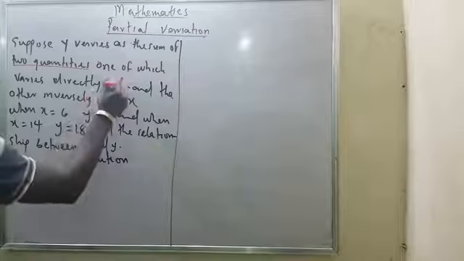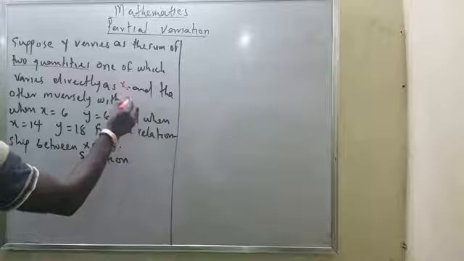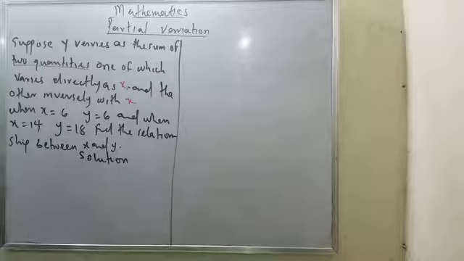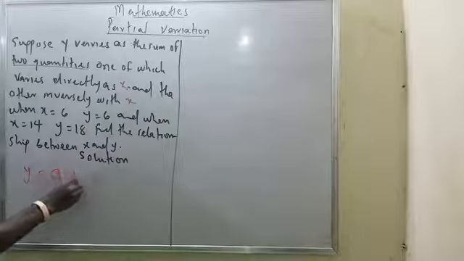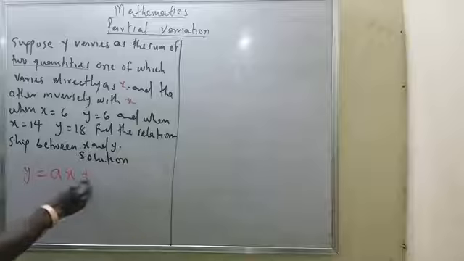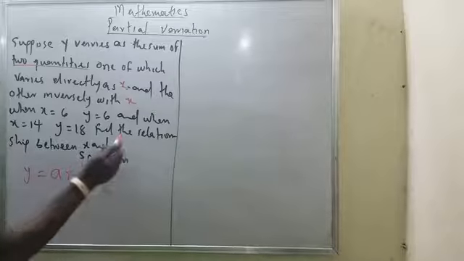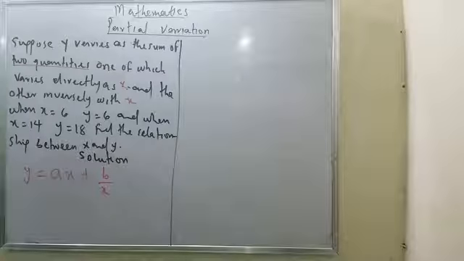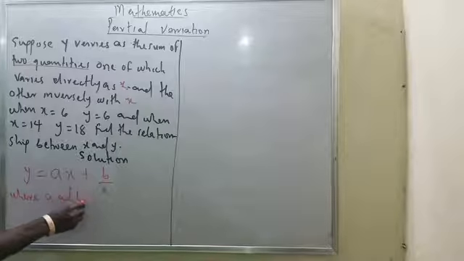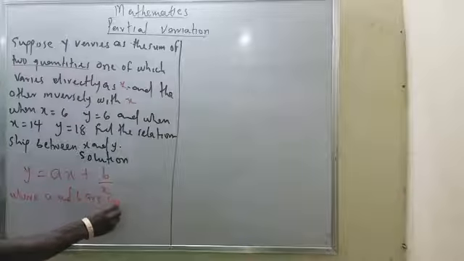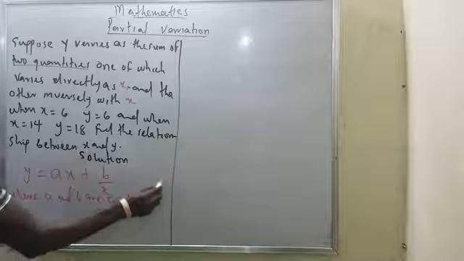It means y equals (ax plus b) all over x, where a and b are constants, which I told you earlier are constant.